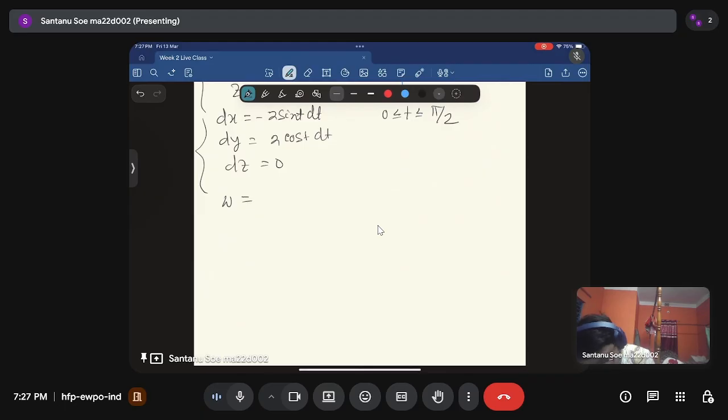So the work done is just over C of F dot dr equals integral 0 to pi by 2.